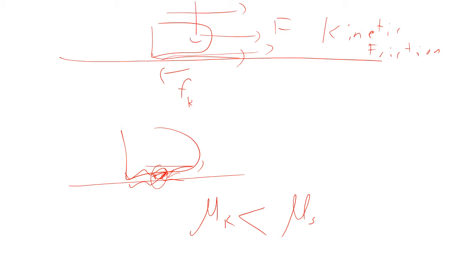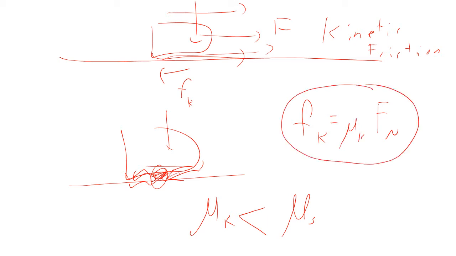If I push down on the object, then it locks these things together, so the kinetic friction is also proportionate to the normal. Now, the difference is this is actually an equality, not an inequality. So the kinetic friction is equal to the coefficient times the normal force.